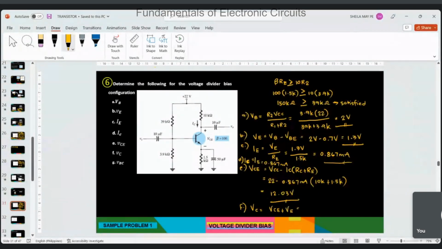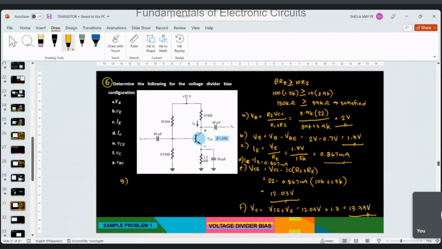So that's 12.03 volts plus 1.3, that's 13.33, if I'm right. 13.33 volts, that's for our VC.